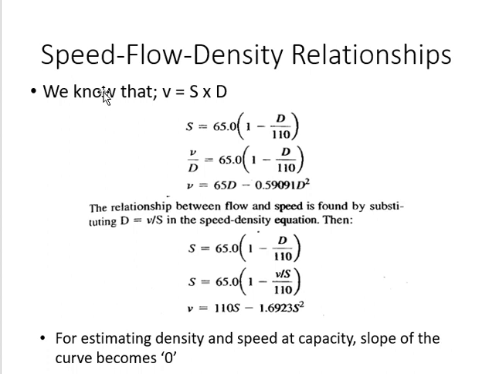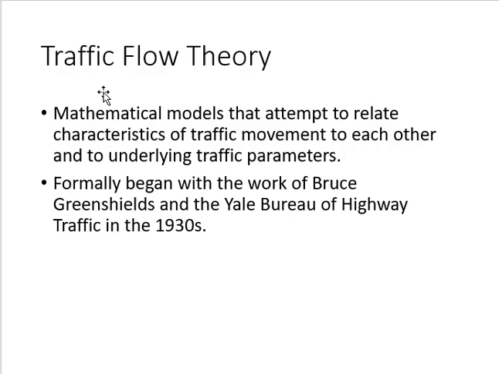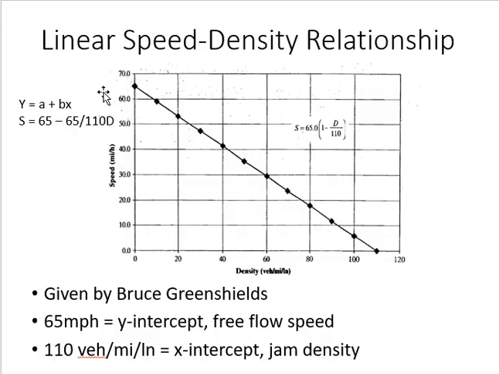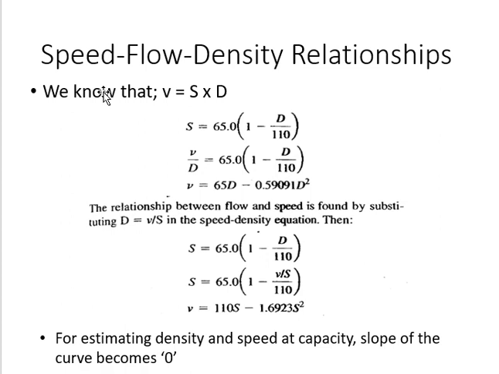It's a second degree curve, and this is what I showed you earlier. And then between flow and speed, again, it's a curve, so again we have a second degree equation. Clear? Any questions?